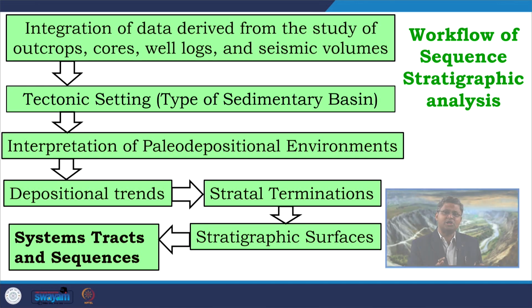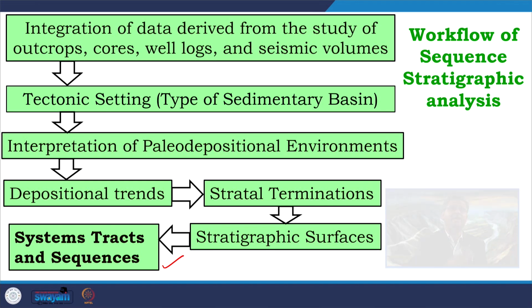Integration of data finally leads us to this final point where we come up with a sequence model where the individual sequences are bounded by some stratigraphic surfaces, and within individual sequences we can get multiple systems tracts indicating the shift in the depositional trend through time.